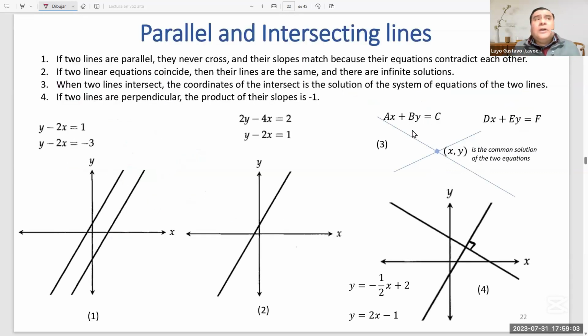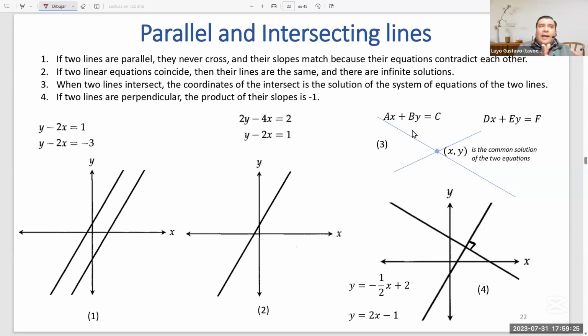Okay, now let's talk about some definitions for linear equations representing lines on the XY plane. There are several cases when we saw especially simultaneous equations. What happens when you have 2 lines on the plane that are parallel? That is, they never cross.